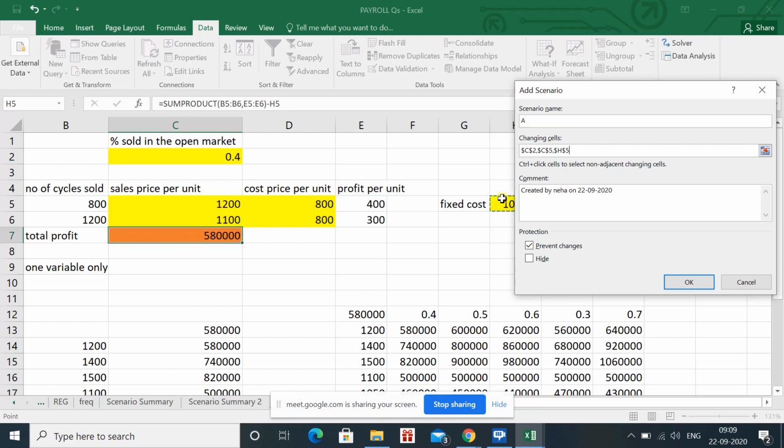Now the third variable which we are introducing is the fixed cost. I'm repeating: the percentage sold in the open market is C2, C5 is the selling price in the open market, H5 is the fixed cost, and then press OK.